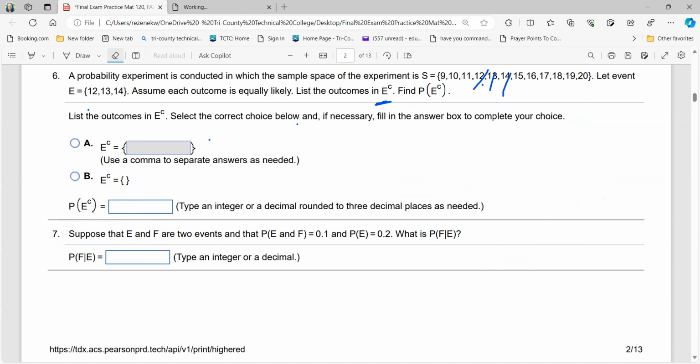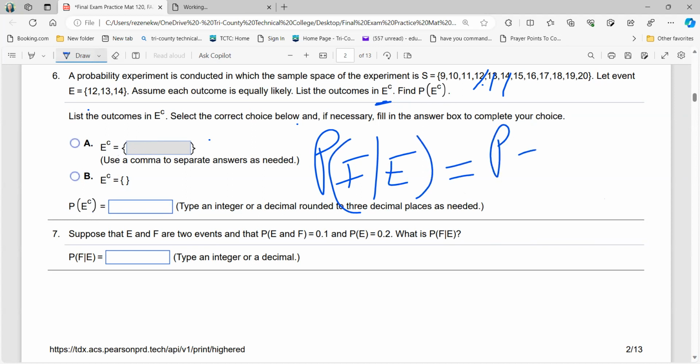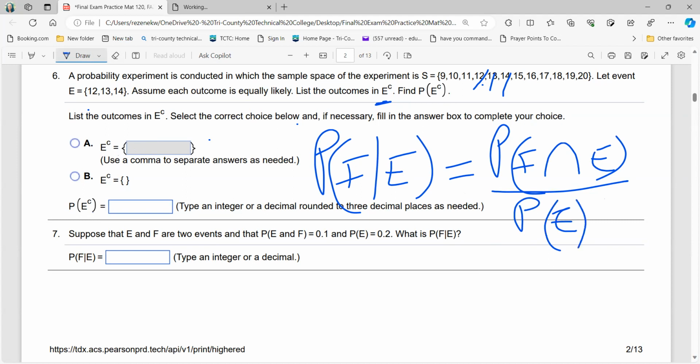The conditional probability formula says, if you're told to find the probability of F given that E happened first, it is the same as the probability of F intersection E divided by the probability of the one that happened first, E. Remember that intersection is a multiplication.